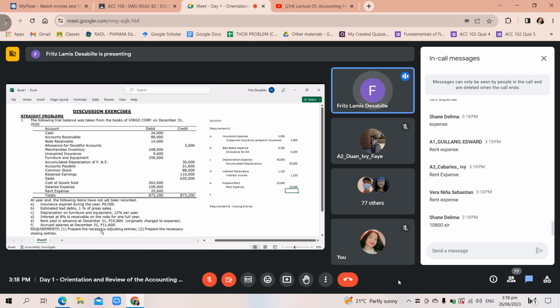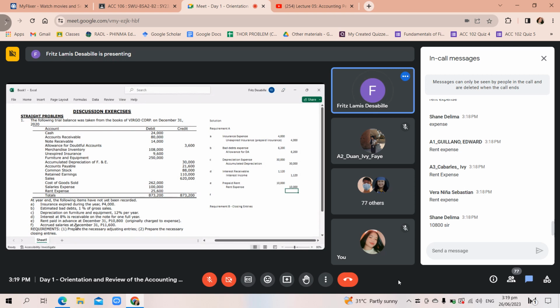Last, accrued salaries, 11.6. Similar again, we get it from salaries expense. What we did here is that when we recognize salaries, 11.6 of that salaries expense has not yet been paid. Okay, so how do we adjust?